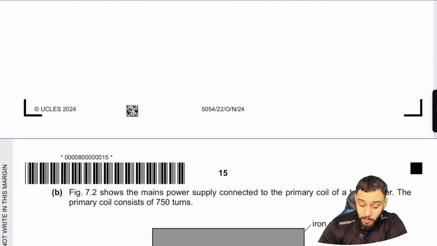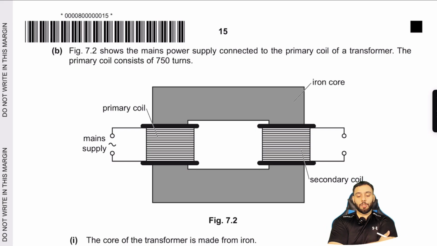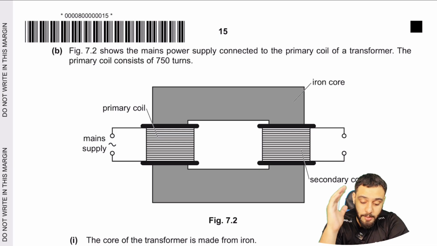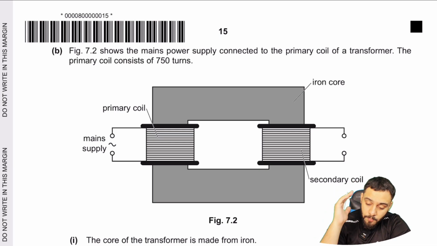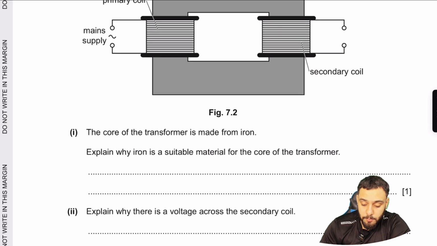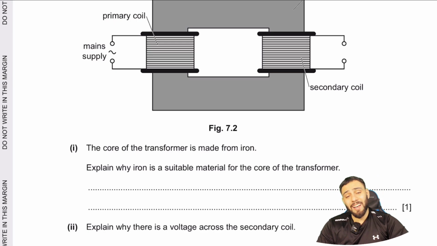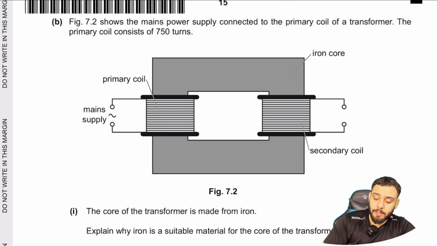So again, moving on. Figure 7.2 shows the mains power supply connected to the primary coil of the transformer. The primary coil consists of 750 turns. The core of the transformer is made from iron. Explain why iron is a suitable material for the core.